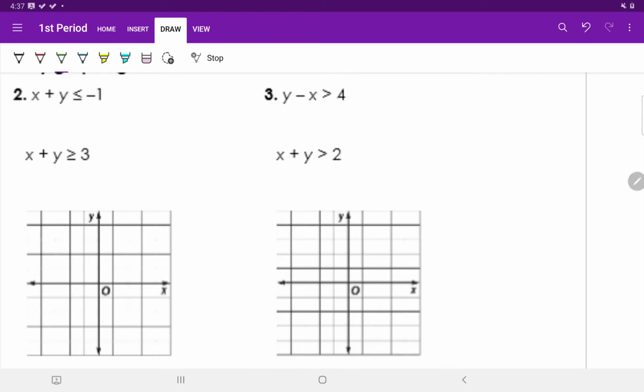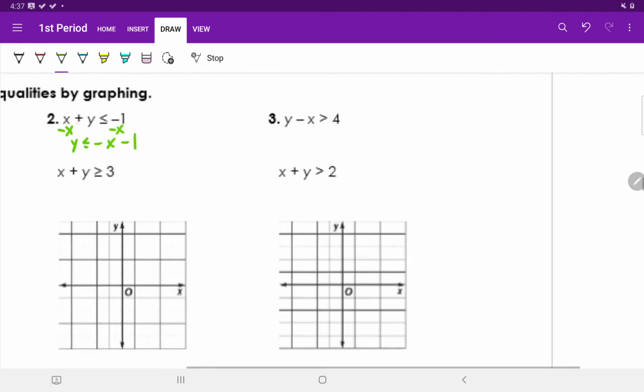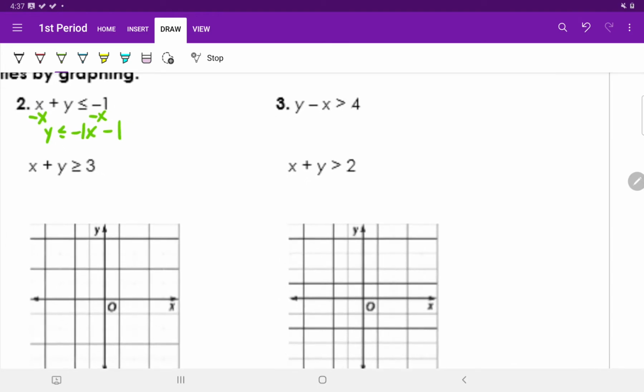Welcome back. We need to get our first inequality in slope-intercept form, which means y by itself on the left, so we can subtract x from both sides. I'm going to throw a 1 here in front of the x so we can see that our slope is negative 1 and our y-intercept is negative 1.